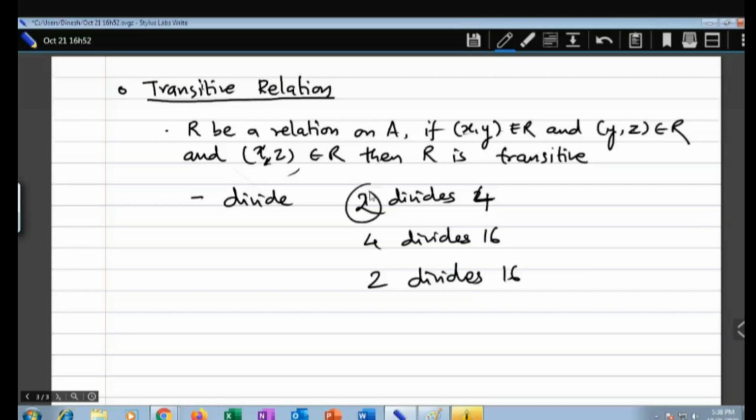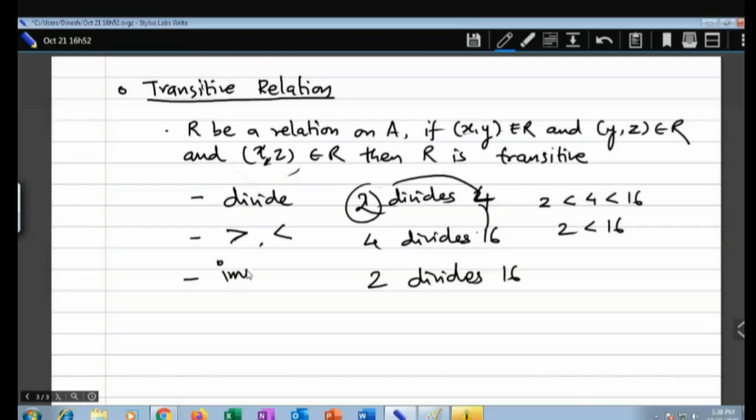So the divide operation is transitive. You can say greater than is transitive, and even less than is transitive. Let's say 2 is less than 4, 4 is less than 16, it means that 2 is less than 16. Less than, greater than, they are transitive.